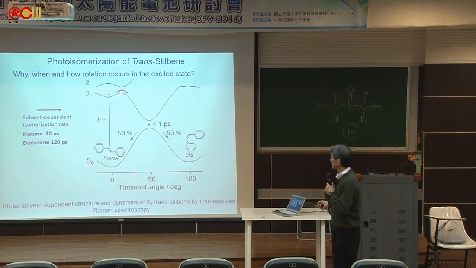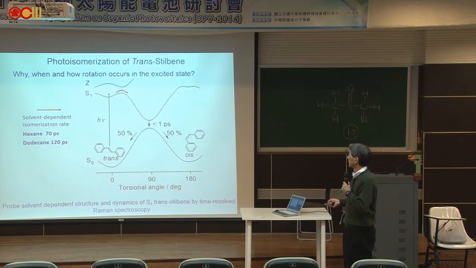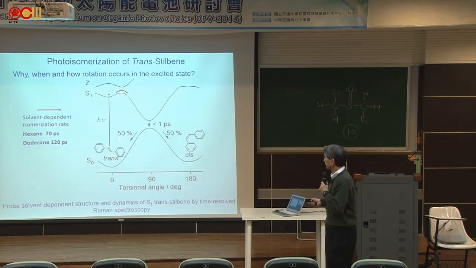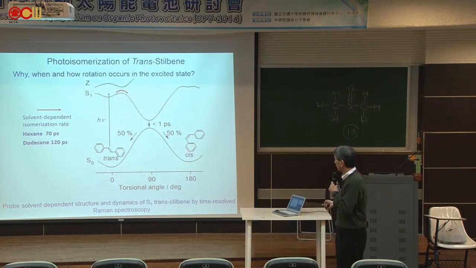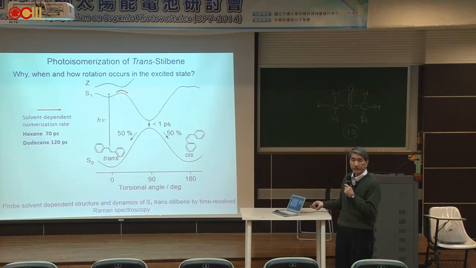And here I show you a potential curve, that's just a cartoon. Here the torsional angle is with respect to this bond. So trans structure means the dihedral angle is 0 degree, and in the cis form it's 180 degree. And because there is a very high potential barrier, the trans form never goes to cis, and the cis molecule never goes to trans at room temperature. Okay? They are well separated.